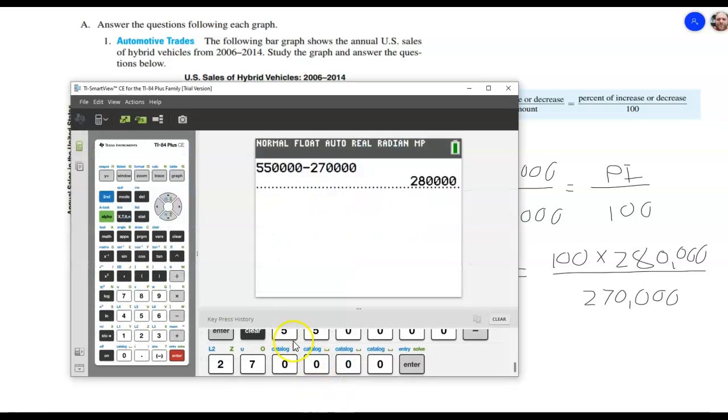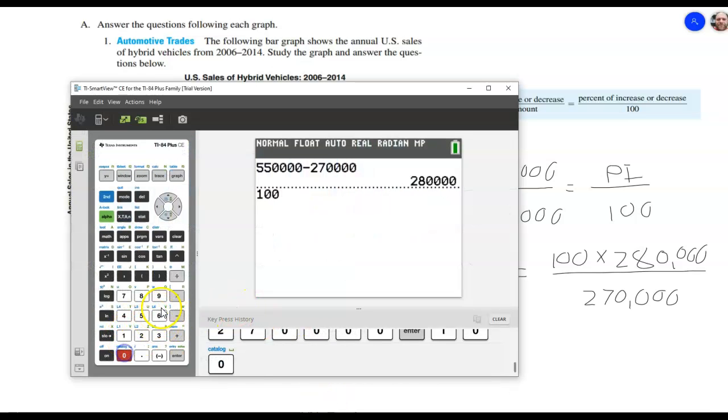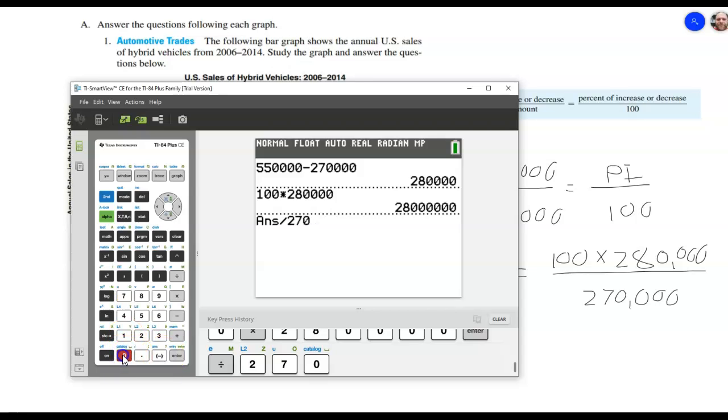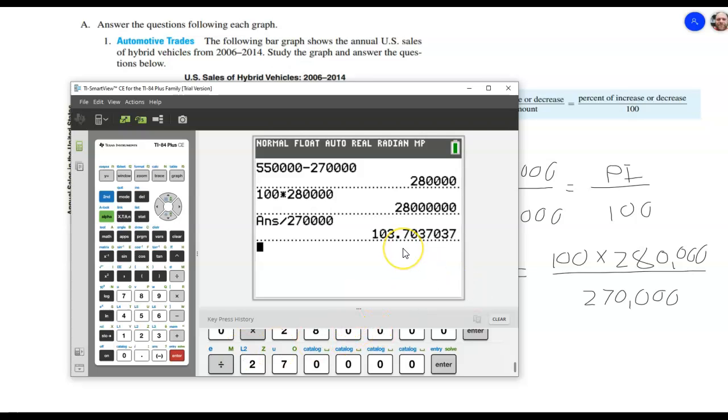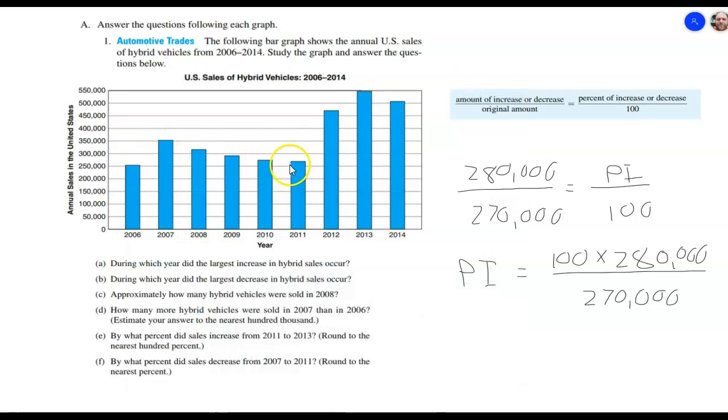Going to my calculator, if I do 100 times 280,000 and then divide that by 270,000, I get about 103% increase, so somewhere roughly 100% increase. What that means is that from 2011 to 2013, it almost doubled in total sales.